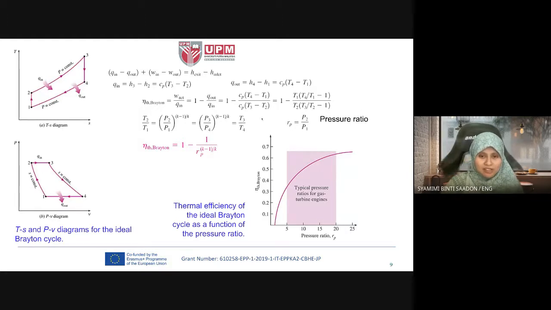So we get this. Before that, for the ideal gas isentropic process, last week we have seen this one. For an ideal gas isentropic process, we can write T2 over T1, the ratio of temperature, equals the ratio of the pressure. Remember, this is only valid for an ideal gas isentropic process, so usually only for an ideal cycle.